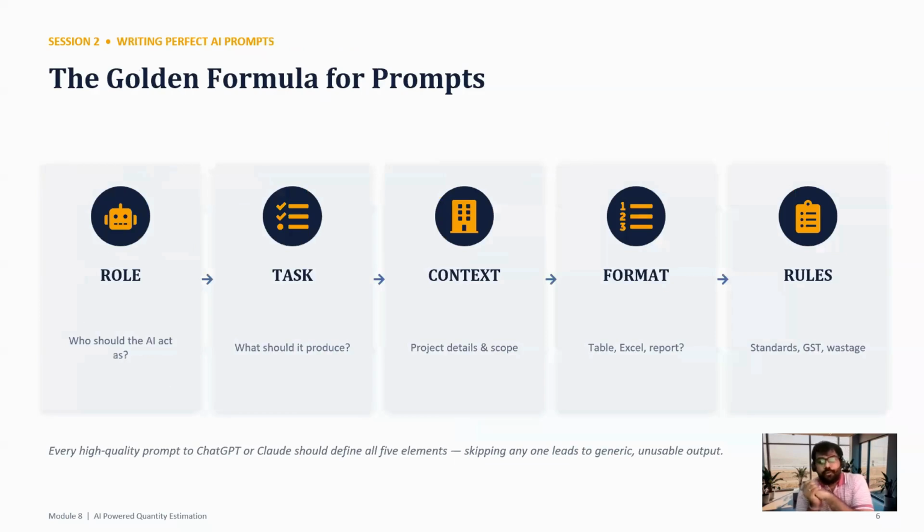Before going to the prompt, we need to understand our manual workflow. First, we prepare the drawing in AutoCAD. Then we create a PDF. Then we remove unnecessary data and check our working copy with respect to the manual method of calculation.